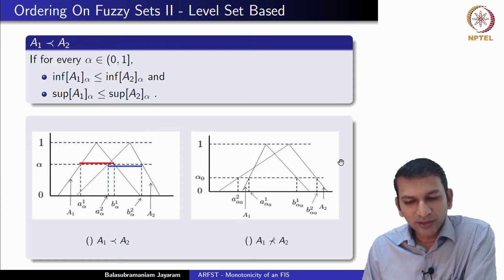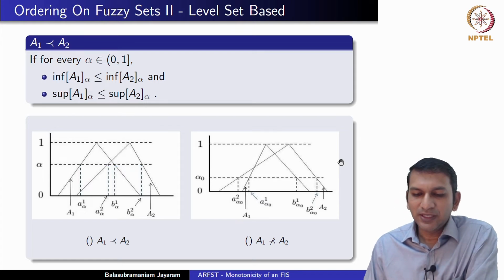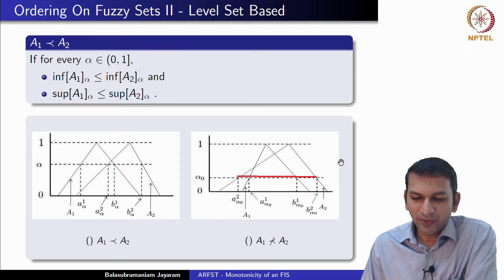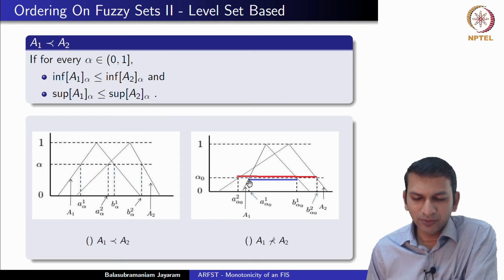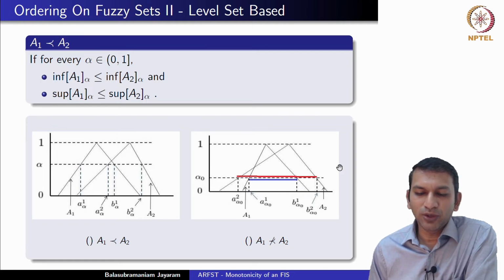However, for the figure on the right side, at this particular alpha naught, this is the alpha cut of A1, this is the alpha cut of A2, and while the infimum of A1 alpha naught is smaller than that of A2 alpha naught, the supremum of A1 alpha naught is not less than or equal to the supremum of A2 alpha naught.